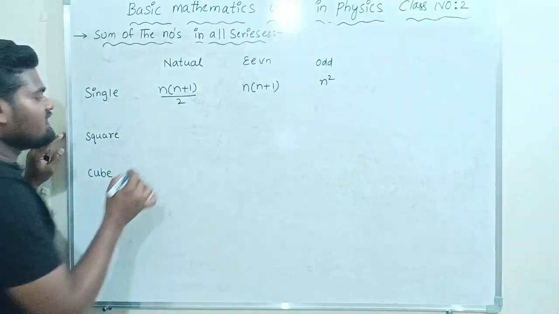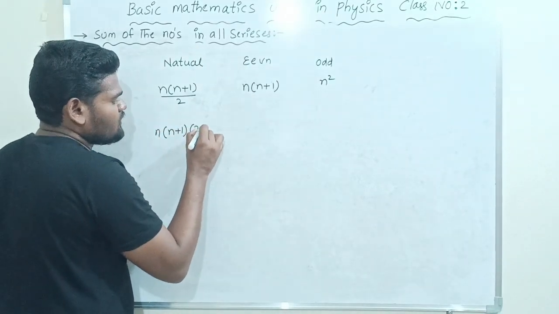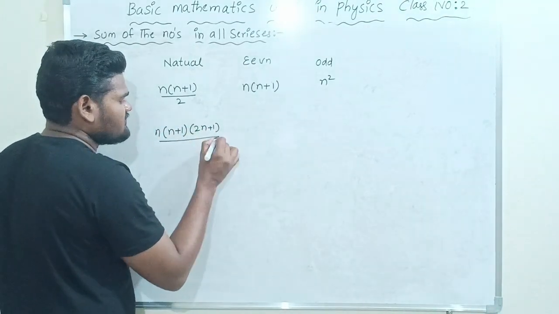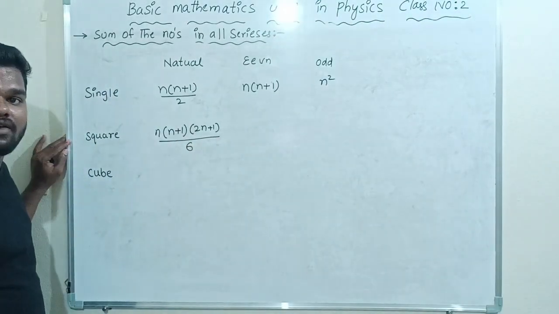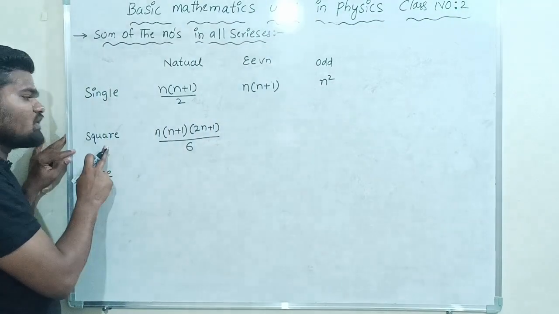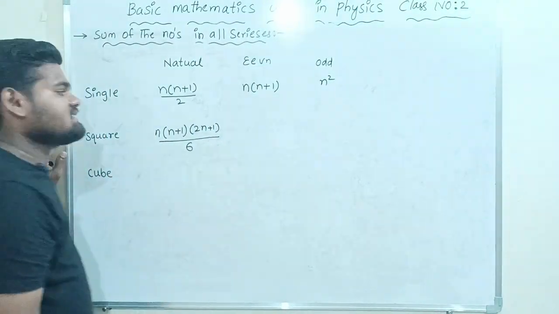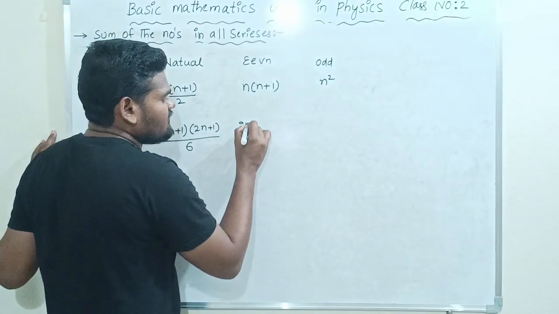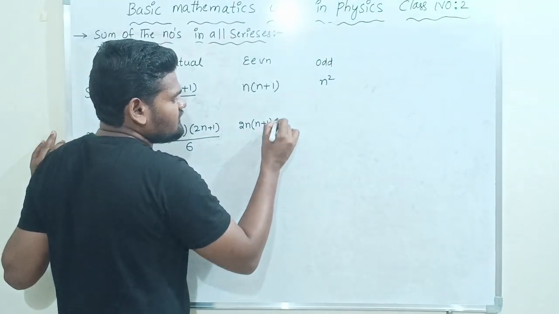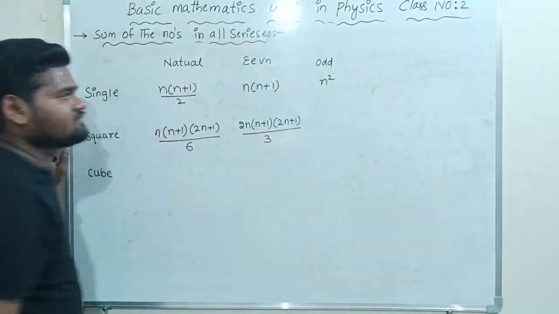Okay. If the numbers are natural and having the power 2, that means square, then their sum is given by n into n plus 1 into 2n plus 1 divided by 6. If the numbers are even and having the power 2, then their sum is given by 2n into n plus 1 into 2n plus 1 divided by 3.